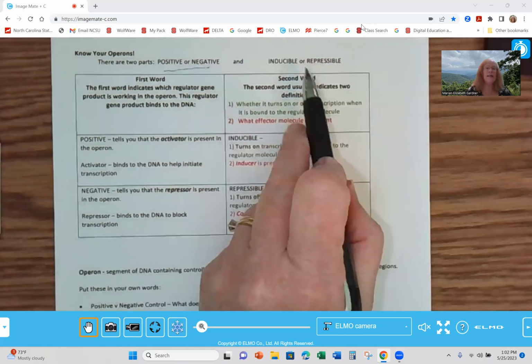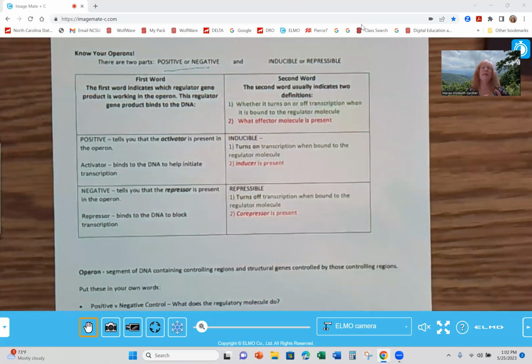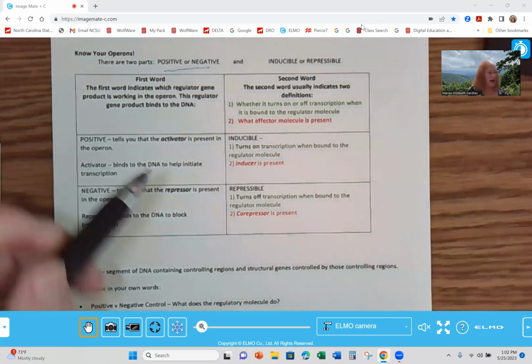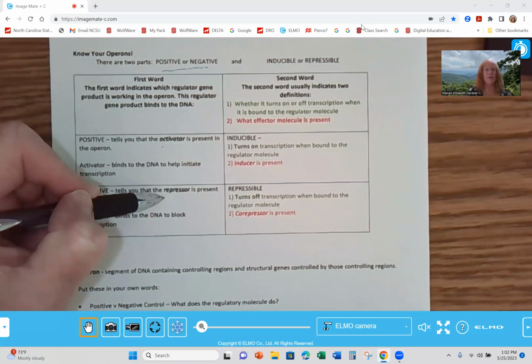The second word is either inducible or repressible. And I think about this as the small molecule that interacts with the molecule that was binding to the DNA. So this second molecule is not binding directly to the DNA, it's binding to either our activator or our repressor.